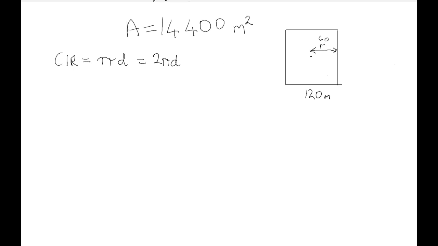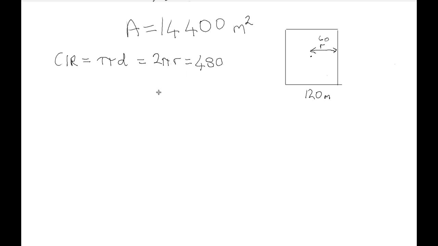Okay, 2 pi r, and we know that our circumference is equal to 480 meters. I'm making mistakes today for fun. That should be radius, r, not d.